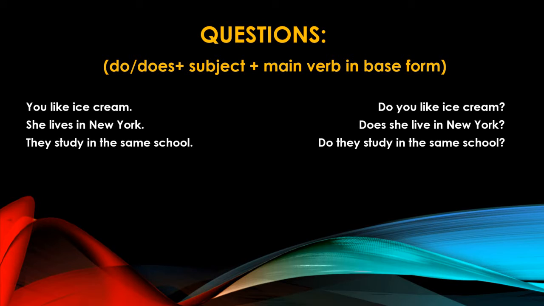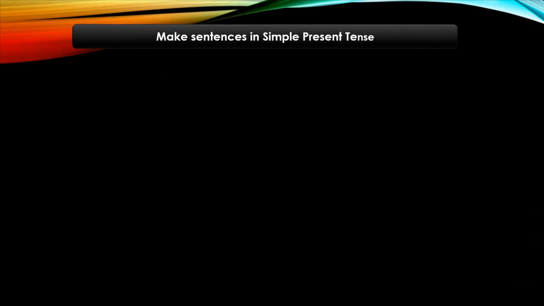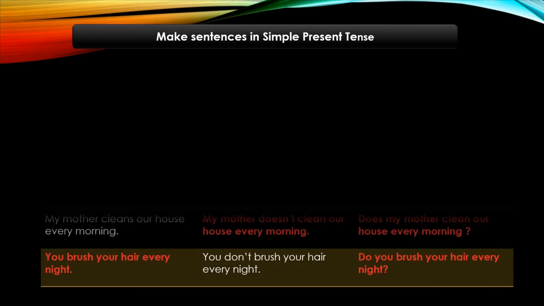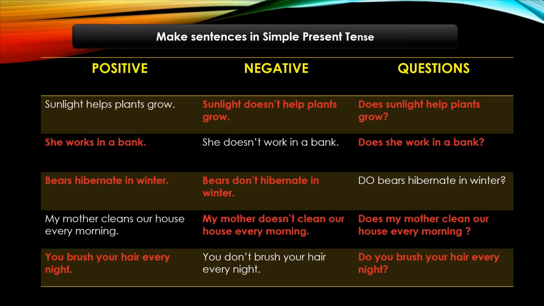All right. Look at this table here. So what you need to do is make sentences with the simple present tense. Here you can see three different columns, which are positive, negative, and question. So here you will find some related sentences and their negatives and questions as well. See the first one. Sunlight helps plants grow.